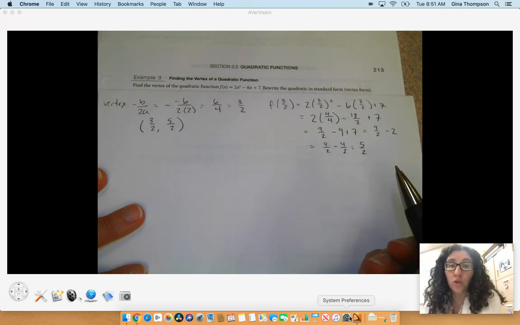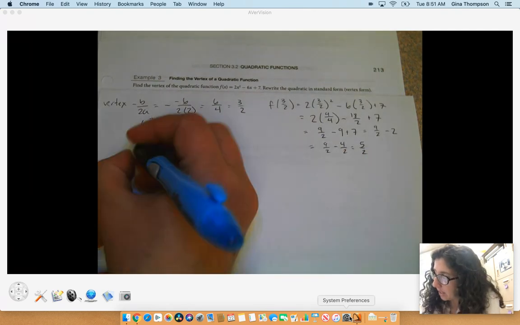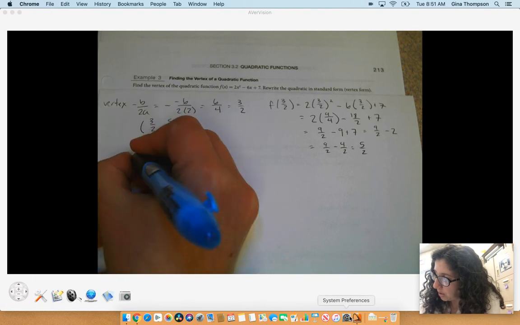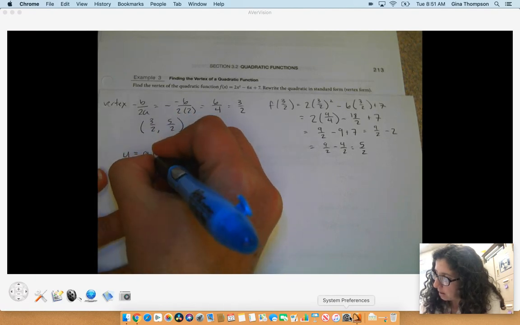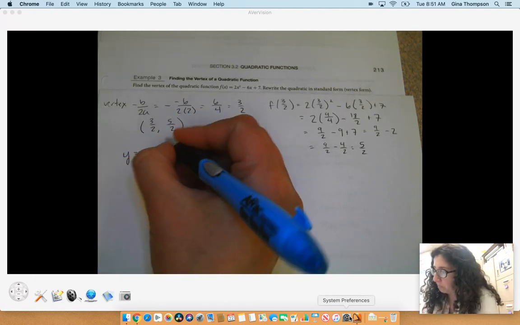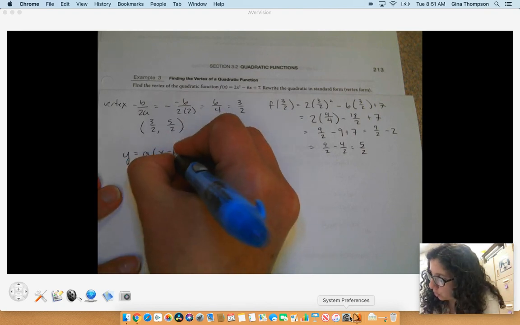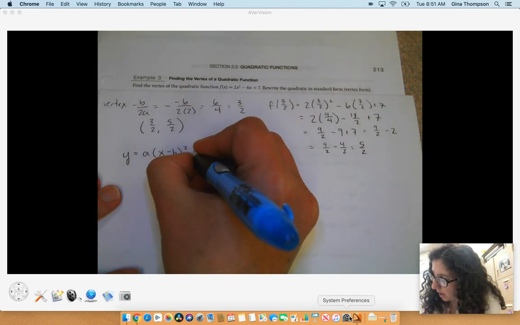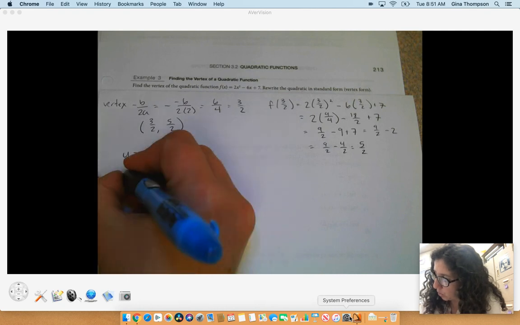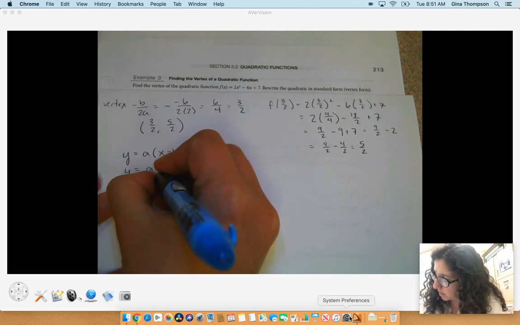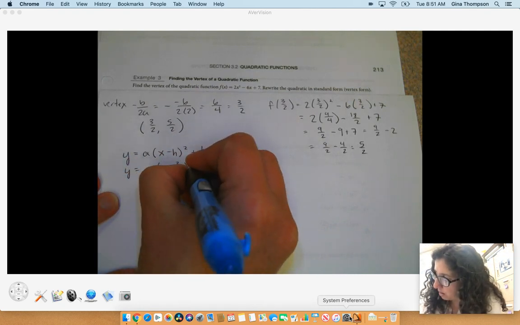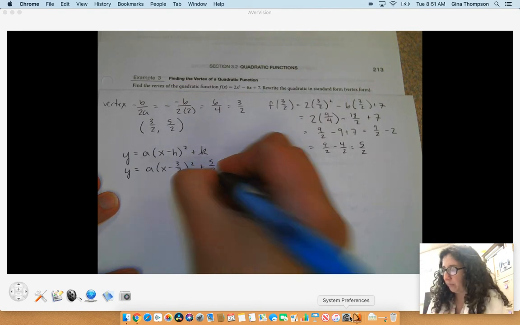All right, we're going to do this 2 different ways. Standard form we know is going to look like this: y equals a times x minus h squared plus k. And we know h and k, so y equals a times x minus 3/2 squared plus 5/2.